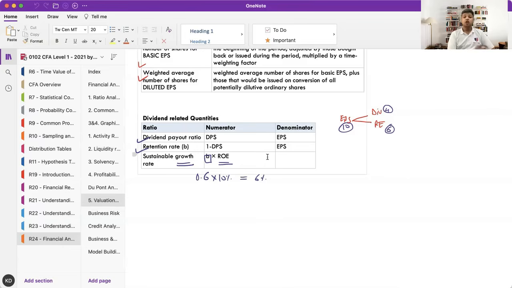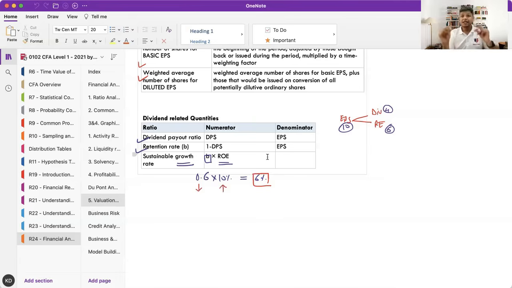So if you want your company to grow at a higher rate, what should you do? Either you pay less dividends or earn more ROE, or both. Are you with me?